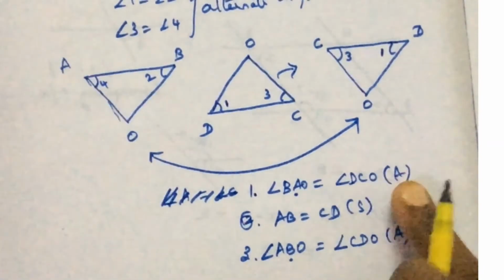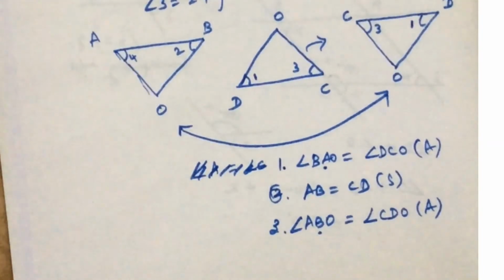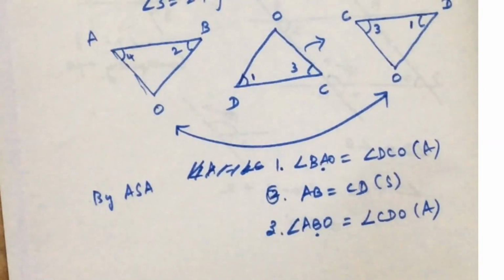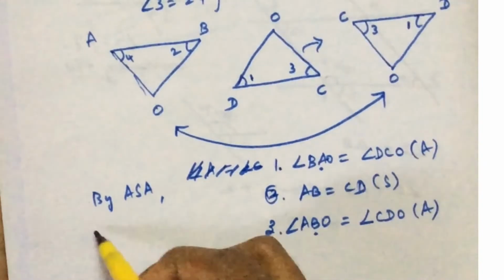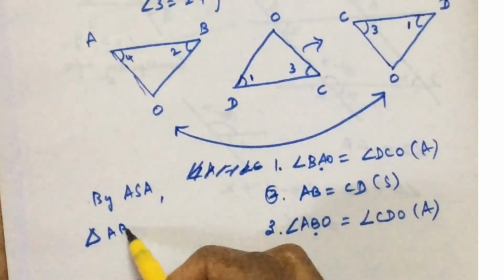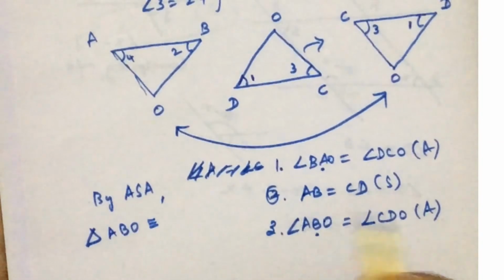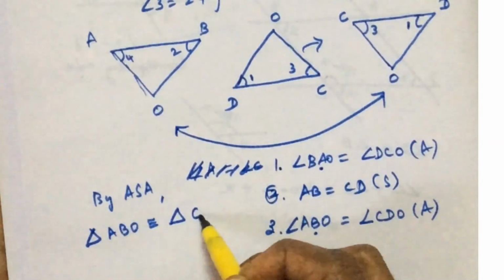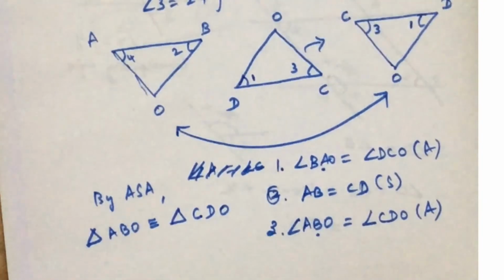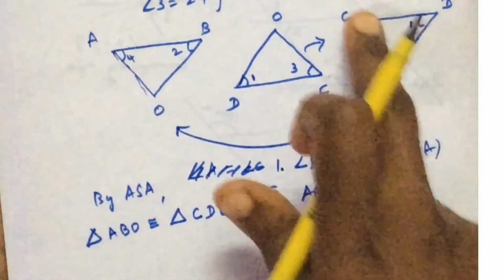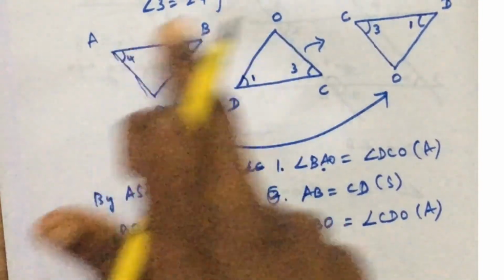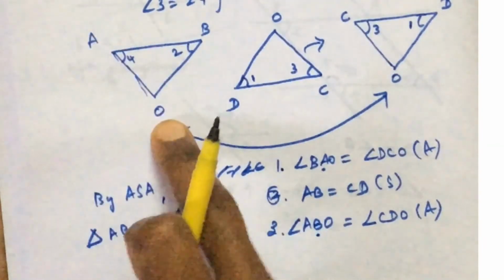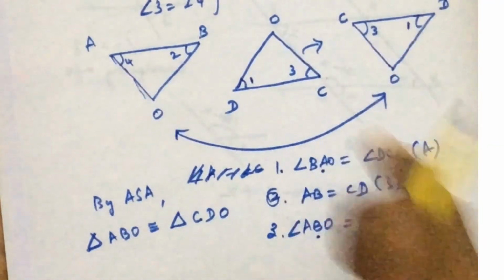By the ASA criteria, I can write triangle ABO is congruent to triangle CDO. If you go clockwise here, the same clockwise you should go here. If I write ABO, you should write CDO. If I write AOB, you should write COD. In the same way you have to write.